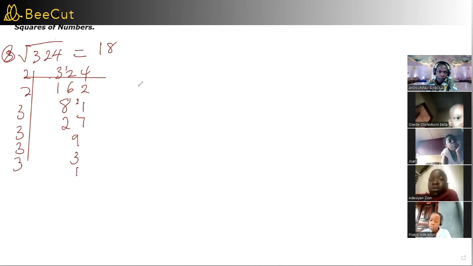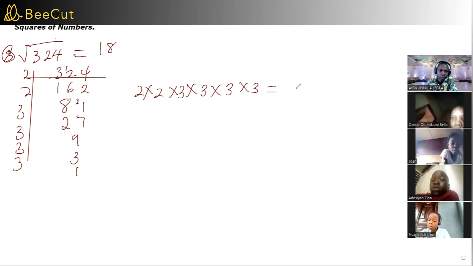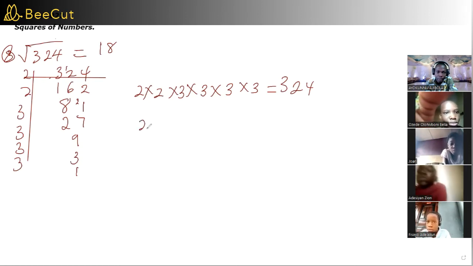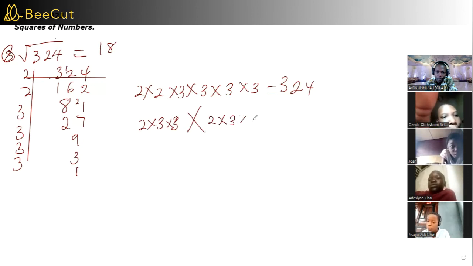So you're going to have all of this as our answer. So it's going to be 2 times 2 times 3 times 3 times 3 times 3, giving us the square root of 324. We are going to group it into 2 because we need 2 identical numbers that are going to multiply to give us this number. So we have to share this into 2 equal parts. That is 2 times 3 times 3, then multiply by 2 times 3 times 3.